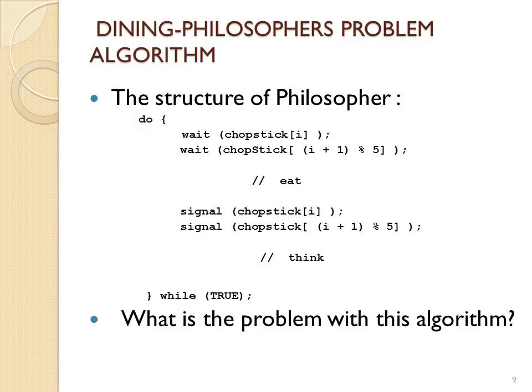It runs its wait on the one chopstick, and then on the other chopstick, then it picks up both of those chopsticks, eats the rice, and then signals the one chopstick and signals the other chopstick. And so there is a problem with this algorithm, which we will discuss in just a moment.